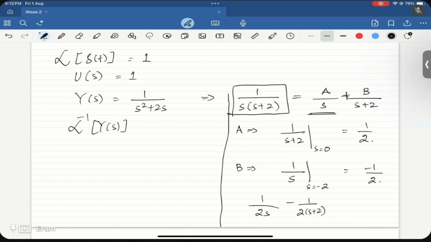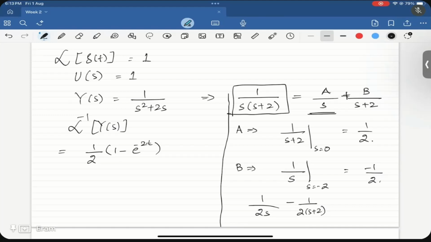Okay, so what will be the inverse Laplace of this? It will be 1 by 2 into 1 minus e to the power minus 2t. So this is the impulse response for this system.